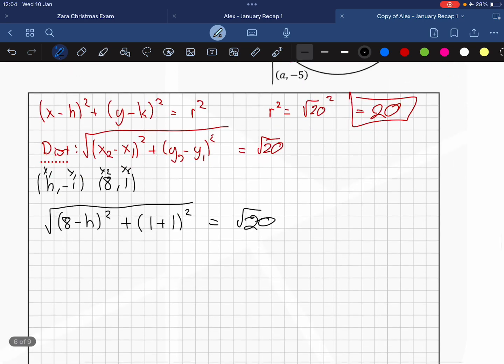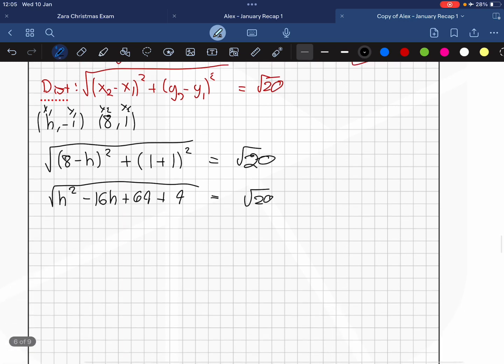So inside the square root on the left hand side, we're going to have h squared minus 16h plus 64 plus 4, and we can square both sides all in one step. So we end up with h squared minus 16h plus 68 is equal to 20. Bring the 20 over, h squared minus 16h plus 48 is equal to 0.